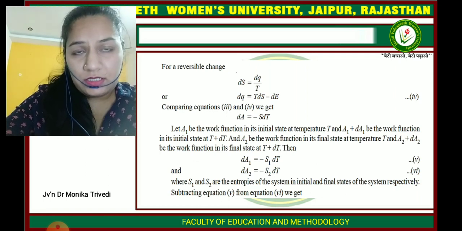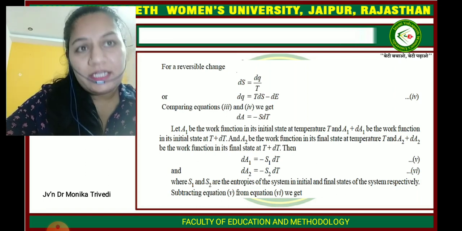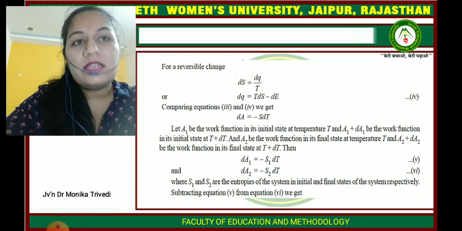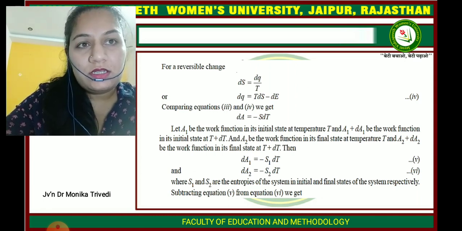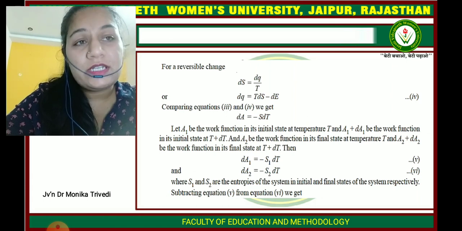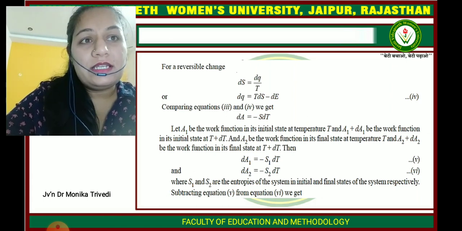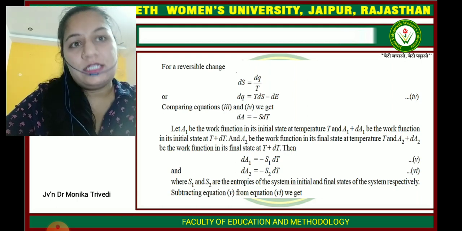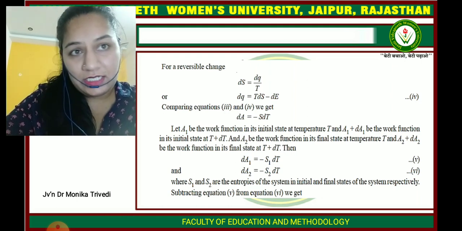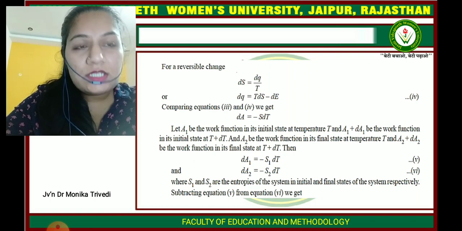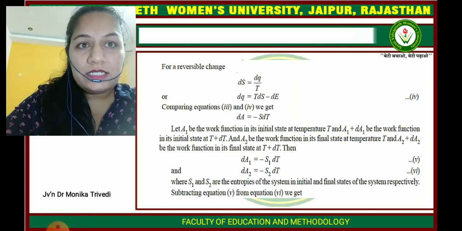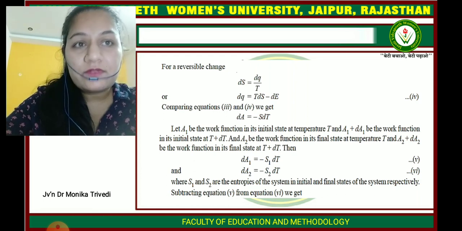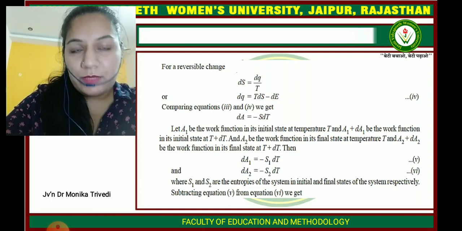Comparing equation 3 and equation 4, we get dA is equals to minus SdT. Let A1 be the work function in its initial state at temperature T, and A1 plus dA1 the work function in the initial state at temperature T plus dT, and A2 be the work function in the final state at temperature T, and A2 plus dA2 the work function in the final state at temperature T plus dT.